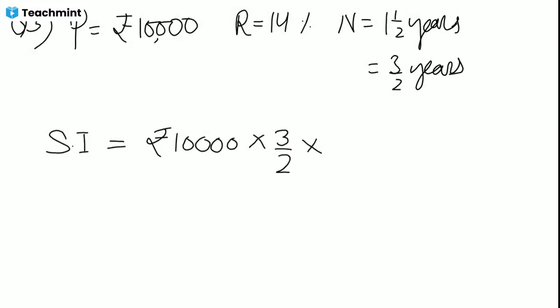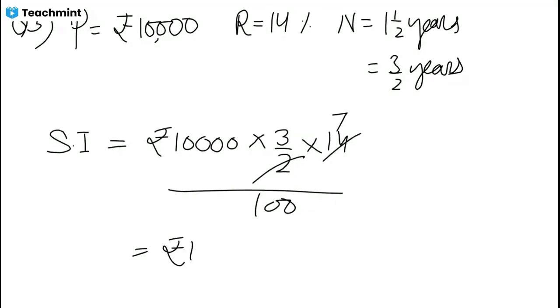So just simplify and you can find this. You can cancel these zeros also.